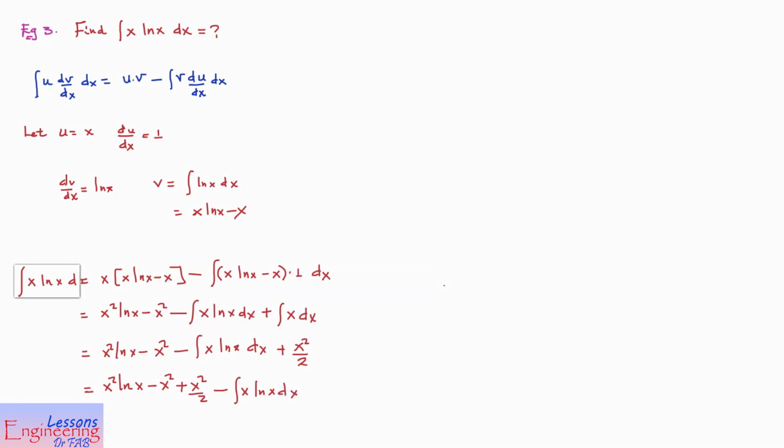Now you can see that this item is pretty much this item here. So if I bring that to the other side of the equation, I can go and write 2 times the integral of x ln x dx equals x squared ln x minus x squared plus x squared over 2.